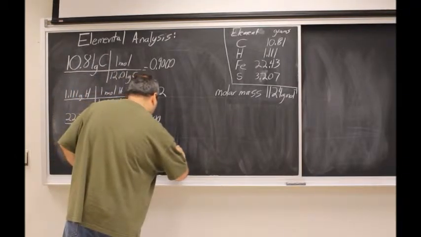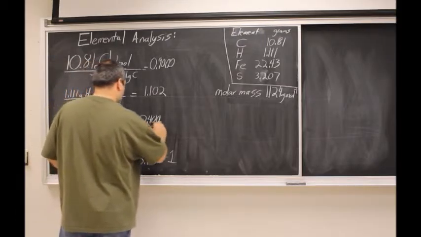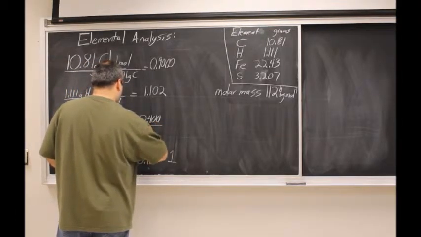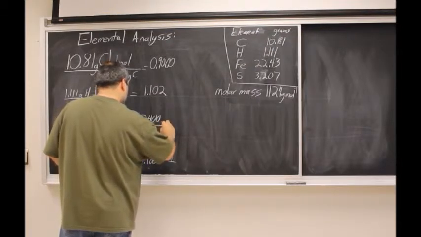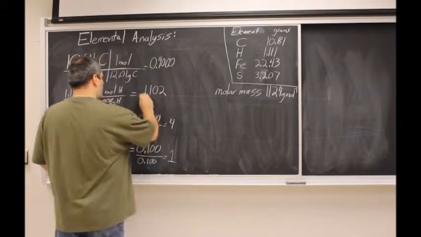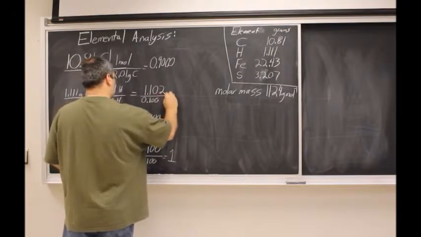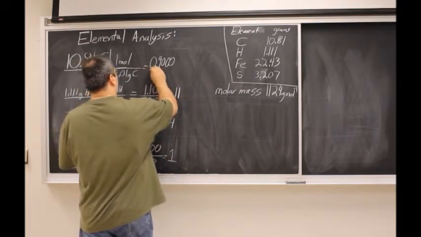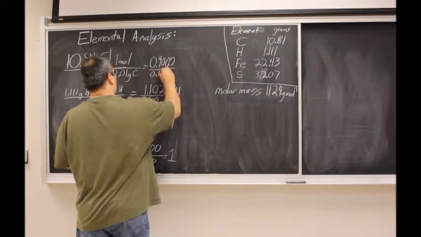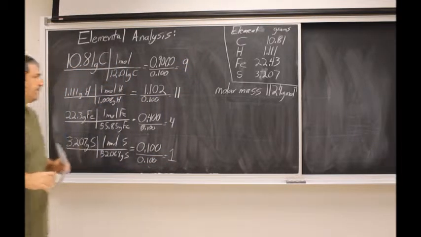When I divide it by itself, that gives me a ratio of 1. And then we just repeat this for each one of these. That gives me a ratio of 4, a ratio of 11, and a ratio of 9.